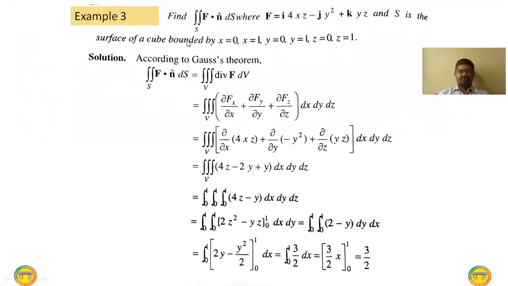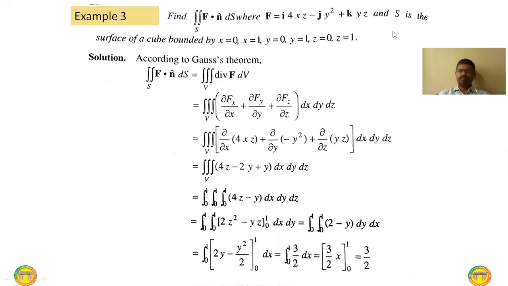Here, find the double integral of F bar dot n cap dS, where F bar equals i times 4xz minus j times y squared plus k times yz, and S is the surface of a cube bounded by x equals 0, x equals 1, y equals 0, y equals 1, z equals 0, z equals 1.